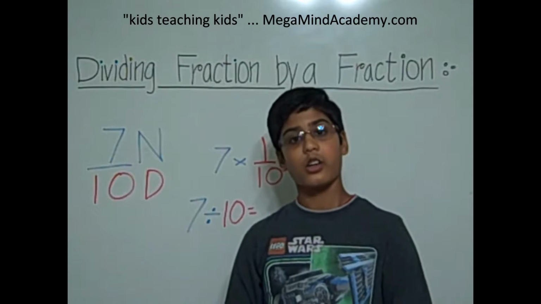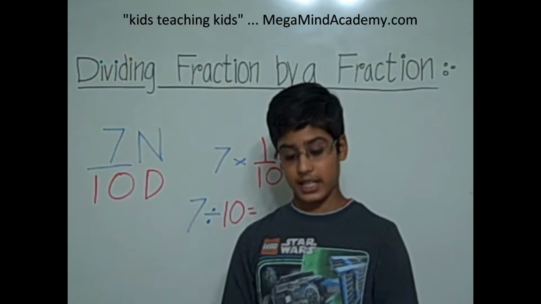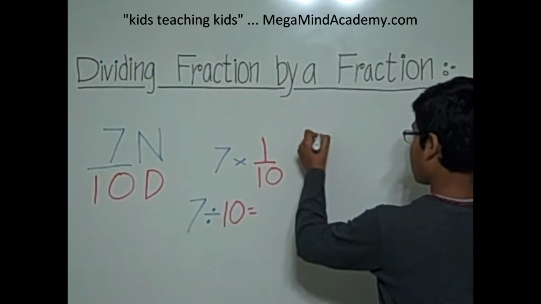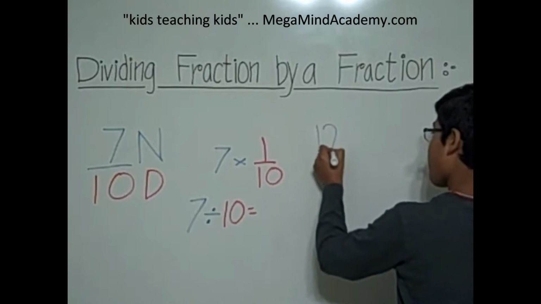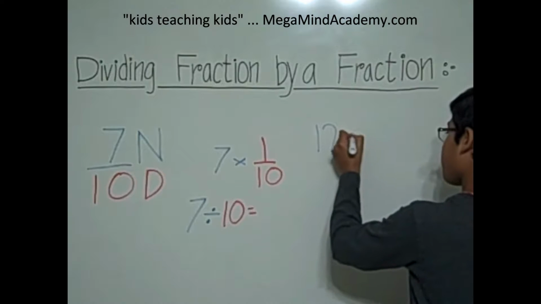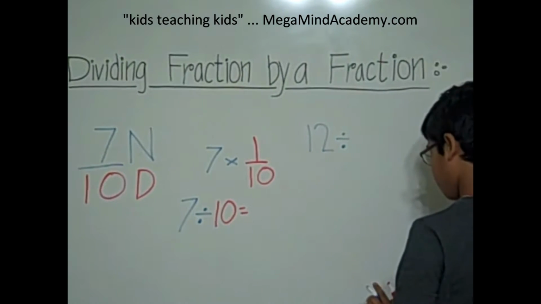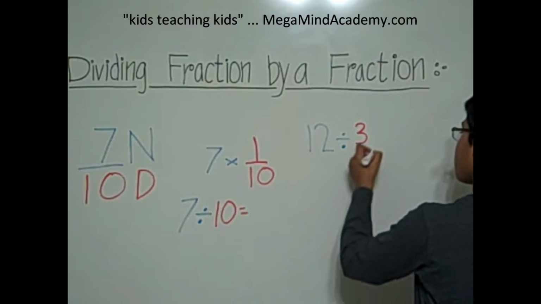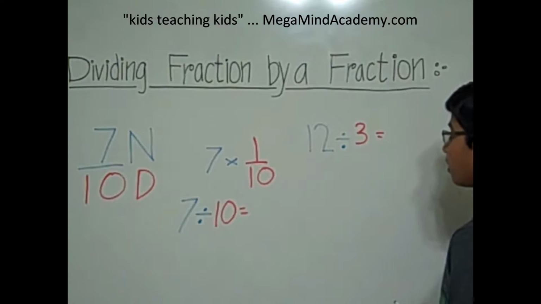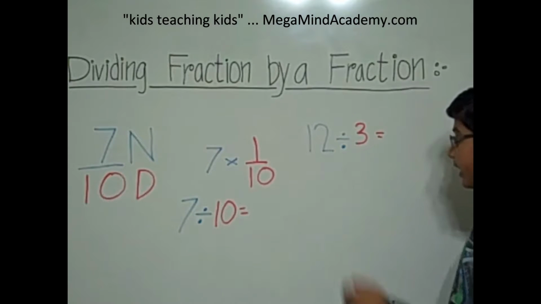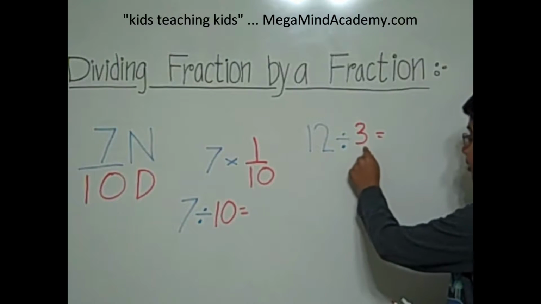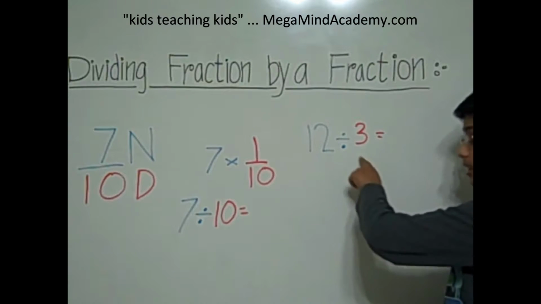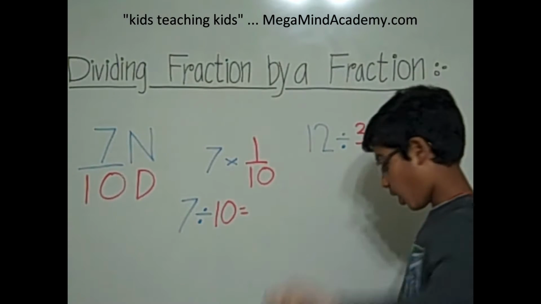So, let's say we have a division problem like this. 12 divided by 3 equals. Here, 12 is the numerator and 3 is the denominator. 12 divided by 3 is equal to 4.